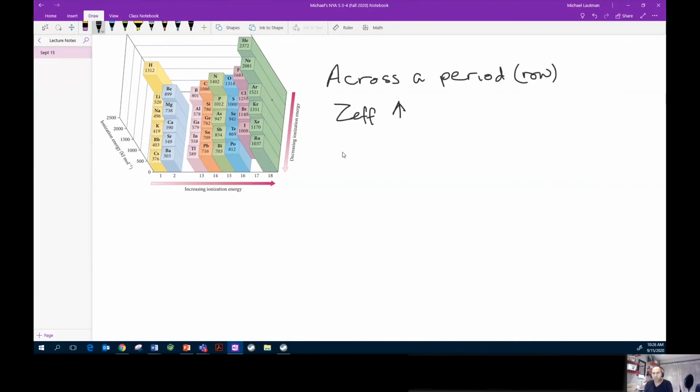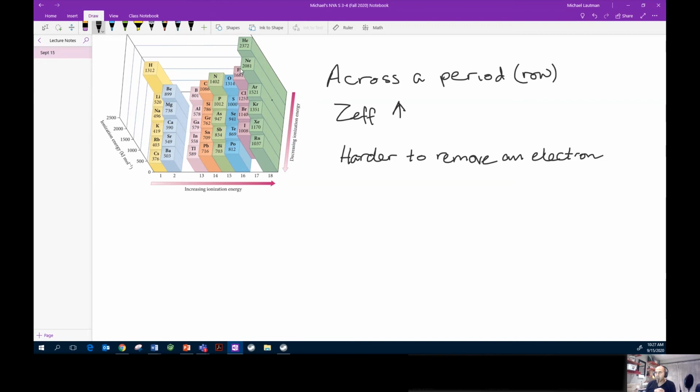If the effective nuclear charge goes up, it becomes harder to remove an electron. That's all. And remember, this is a trend just in first ionization energy: as we go across the periodic table, it gets harder.